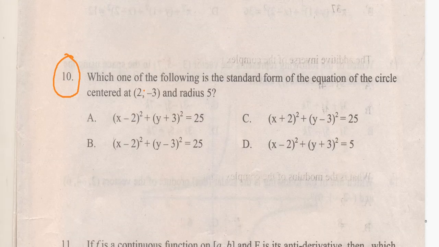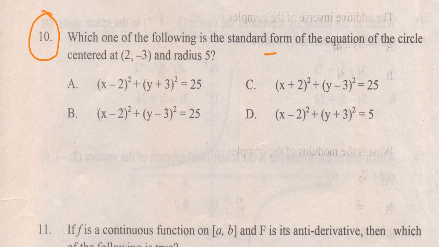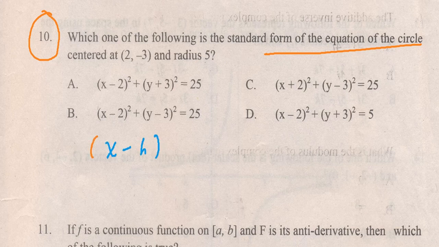Question number 10. Which one of the following is the standard form of the equation of a circle with center (2,-3) and radius 5? So the equation of a circle is in general (x minus h) squared plus (y minus k) the whole squared is equal to the radius squared.